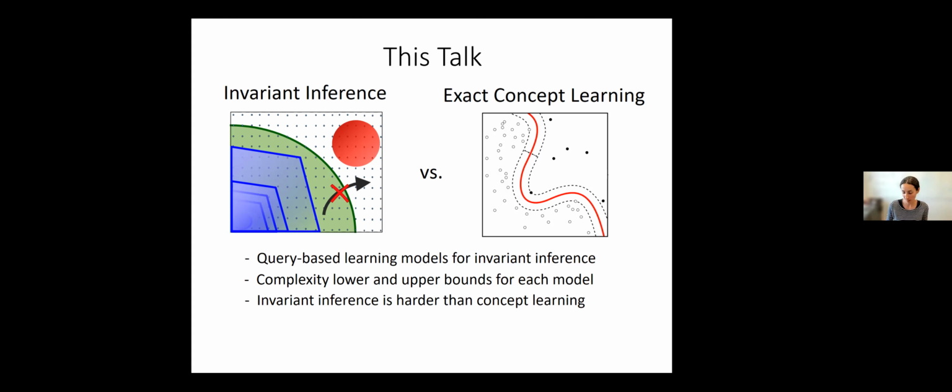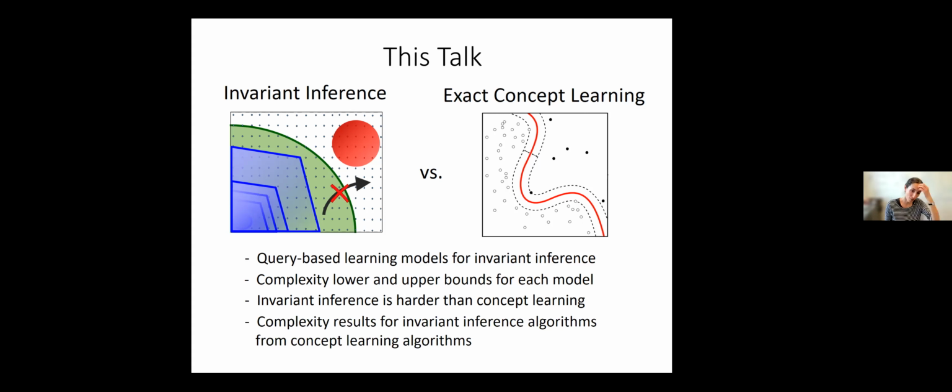So this seems quite negative if the problem is harder, but we also have results that show that under certain conditions, we can get complexity results from exact concept learning, get the same results for invariant inference, and actually also get new algorithms by adopting existing learning algorithms. I hope I will be able to talk about that as well.